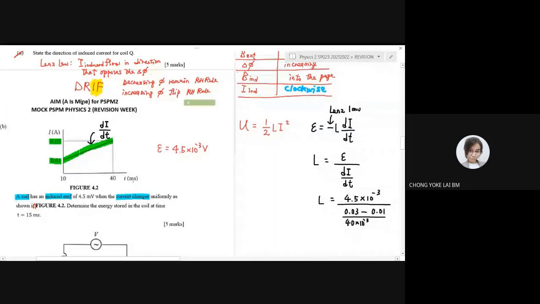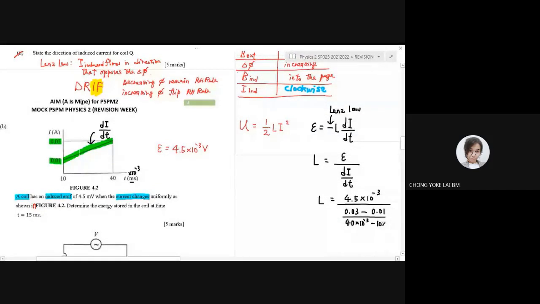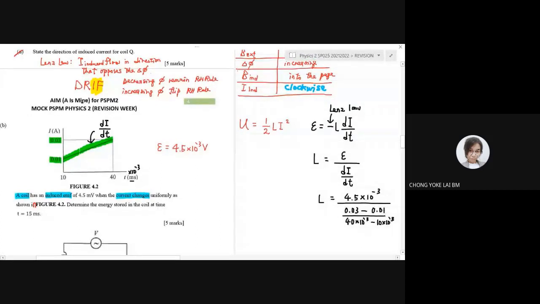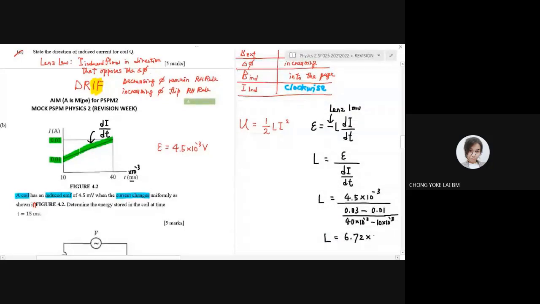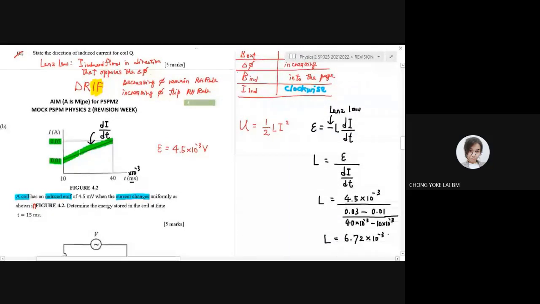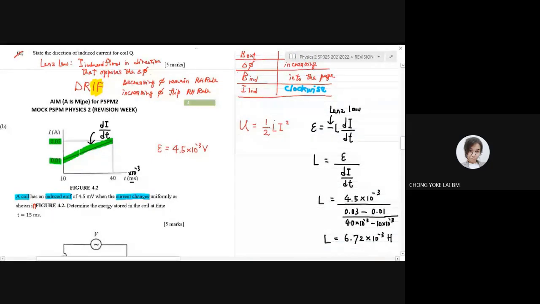Hati-hati. M ni maksudnya millisecond, bukan meter second. Then we do our calculation, we will get the self-inductance dulu. So if you do it correctly, we should get 6.72 times 10 to the power of negative 3 Henry. Okay. Lepas tu, L kita dah dapat.